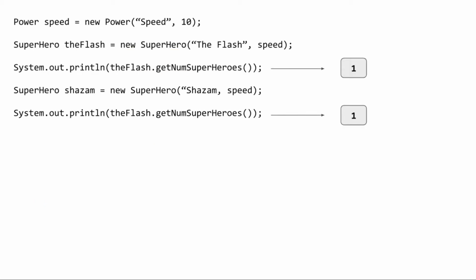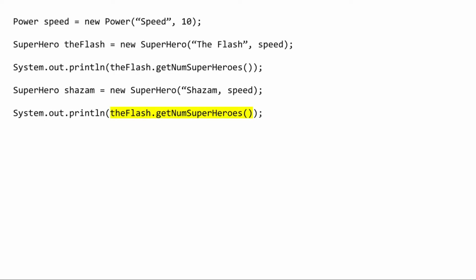The problem with using an instance variable is that the value of num_superheroes will never increase past 1. Here we see that even though we have created 2 superheroes, the value that is printed from getNumSuperheroes is still 1. Why is it that it will always print 1? The reason is that the instance variable num_superheroes is tied directly to the object that was created.